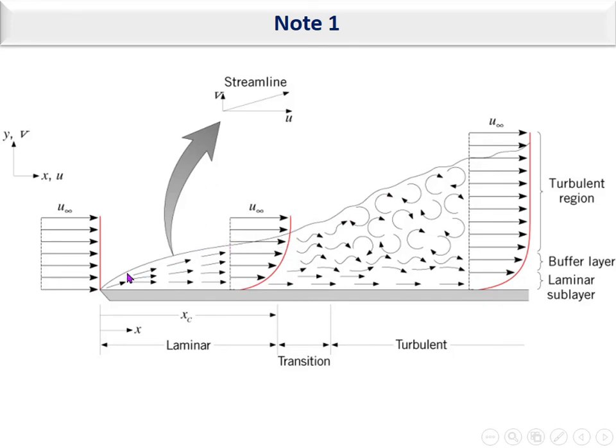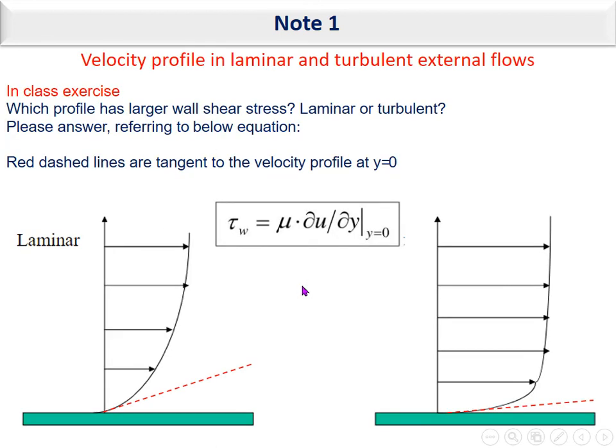Up to the boundary layer, which is this line or this curve. Above the boundary layer, the velocity is not changing, but below the boundary layer, where the flow is viscous, the velocity is changing. As you can see, there is a transition region between laminar and turbulent flow, but for the sake of simplicity in this course, we take the critical Reynolds number as the one shown in the previous slides.